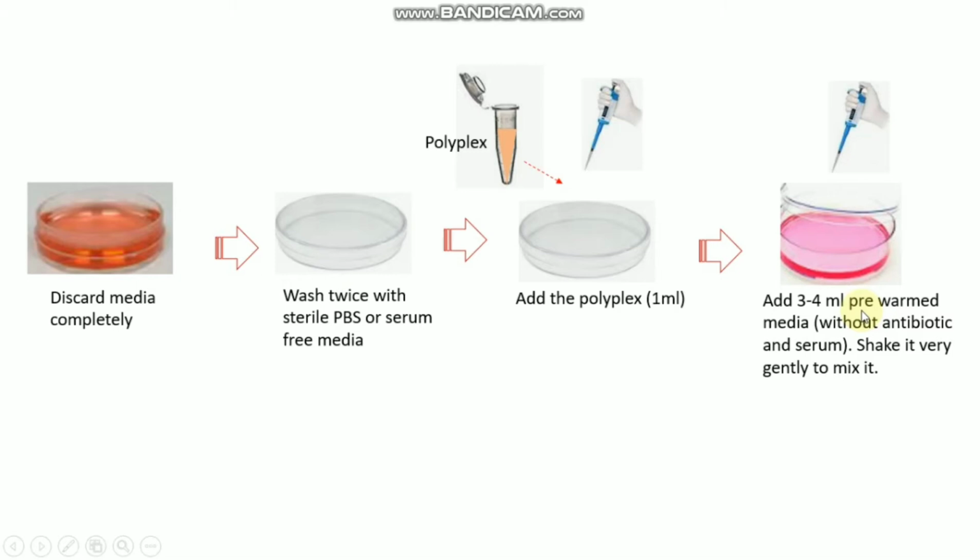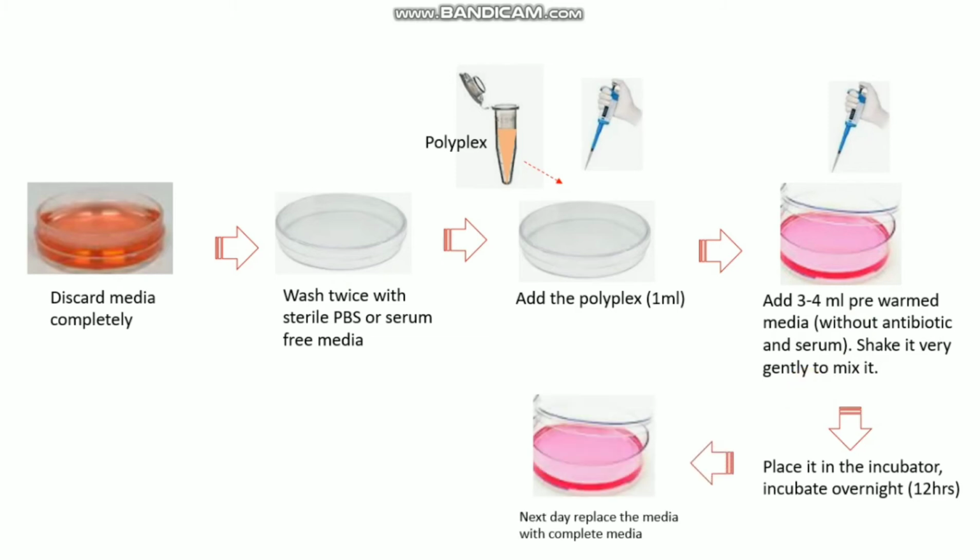Keep in mind that it must be pre-warmed at 37 degrees. Add 3 to 4 ml pre-warmed media without antibiotic and serum, and then shake it very gently 2 or 3 times to mix it properly, and then place it in the incubator overnight, like 12 hours.